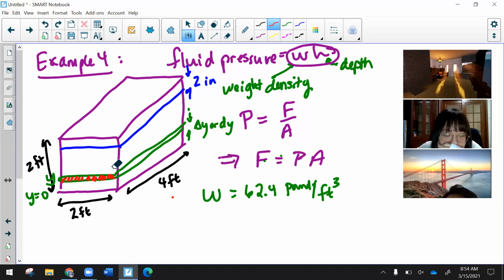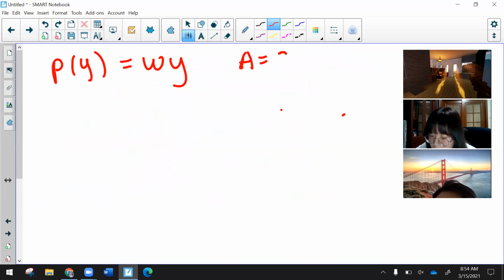So what's the area of that little red band going to be? Tia, you got an answer? 2 times dy. Okay, so this is going to give me 2 dy.